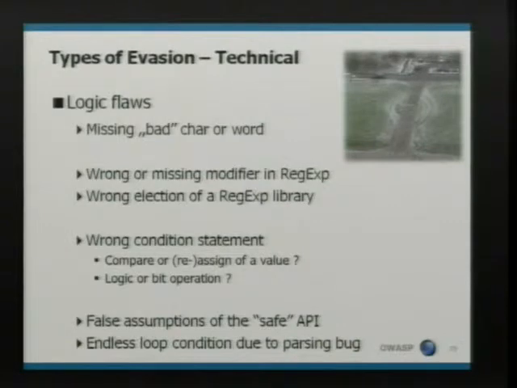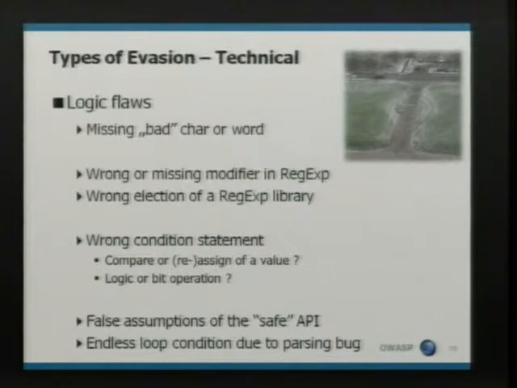But there are also other typical logical flaws. What happens if you are tired as a developer and you mix up the compare statement, the 2 equal signs, with just 1 equal sign, which reassigns the value? The same issue applies if you're doing logical or, unfortunately, bit operation on that.